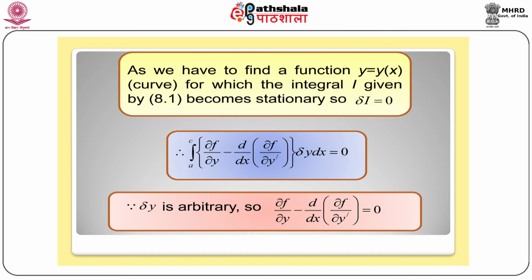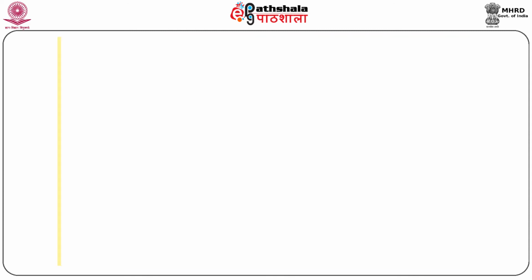Since the variation delta y is arbitrary, so we have this portion vanishes, that is del y of f minus d dx of del y dash of f equal to 0. This is the Euler-Lagrange equation.